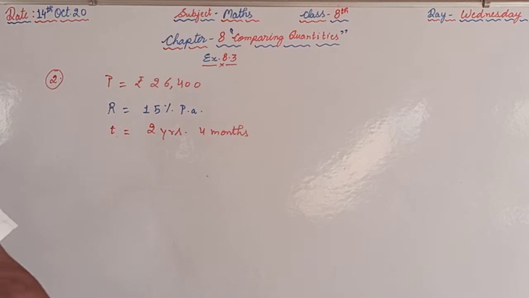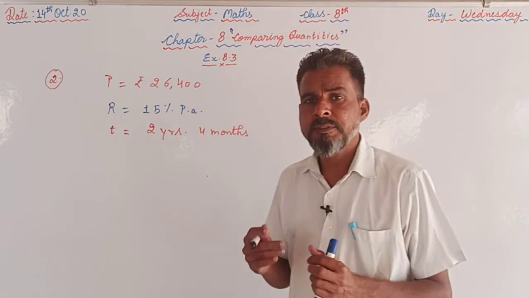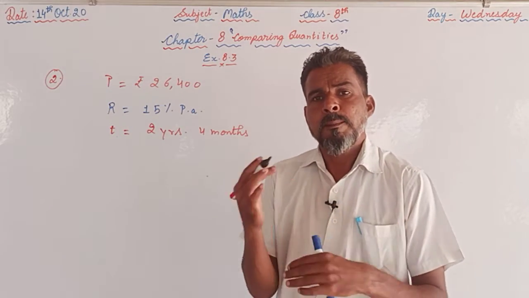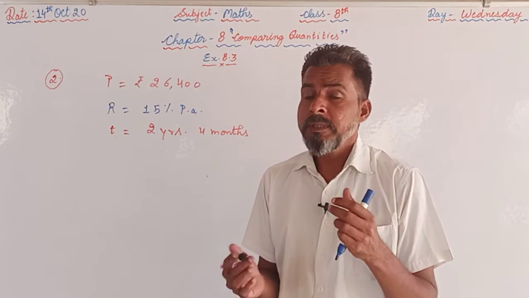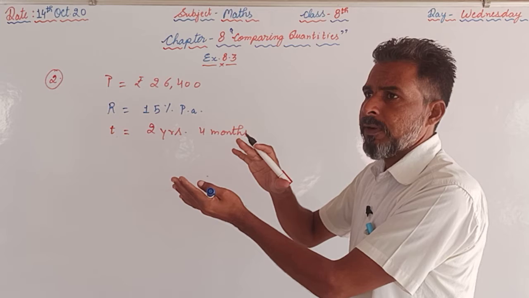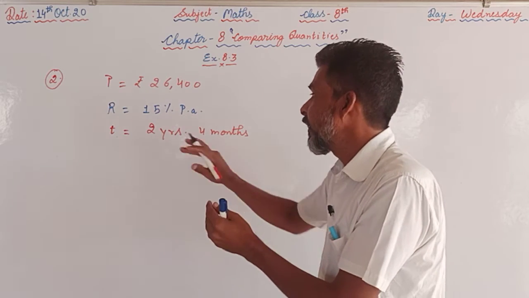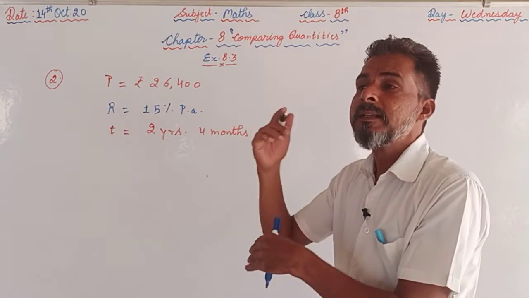As this is given in the question, the calculation will be for the compound interest, compounded yearly. So first, for 2 years, we are supposed to find the compound interest separately. Then for the third year, only for 4 months, we will find the simple interest.